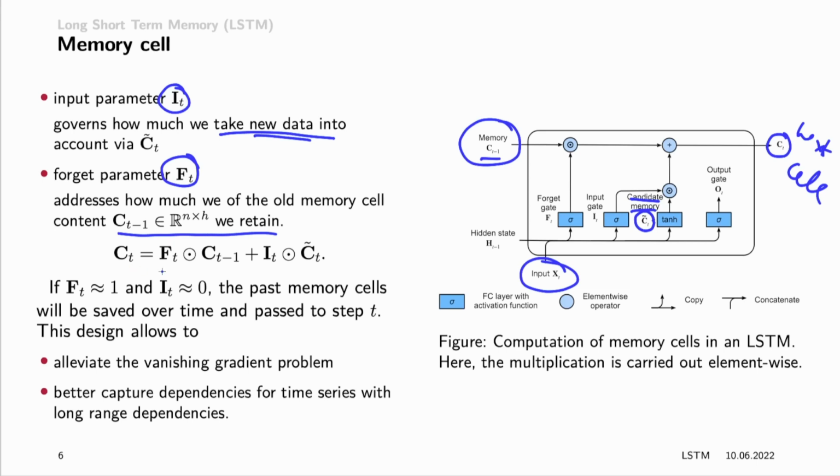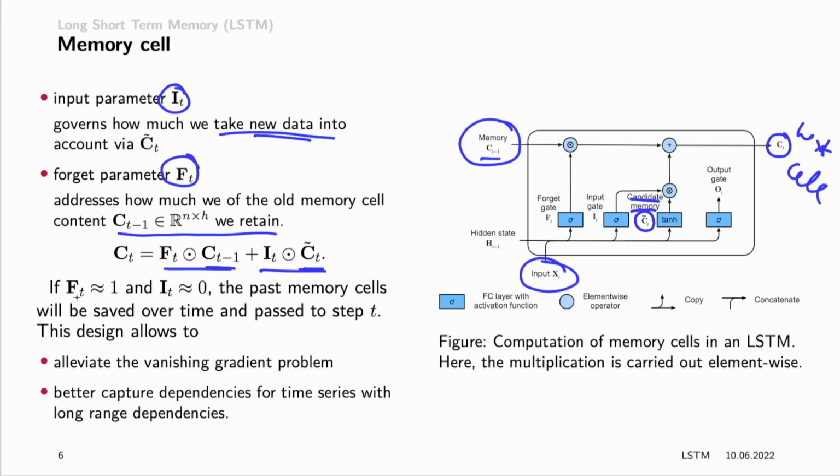So Ct is computed as the pointwise product, or Hadamard product, between ft, the forget parameter, and Ct-1, plus it, the input parameter, pointwise times our candidate memory cell.